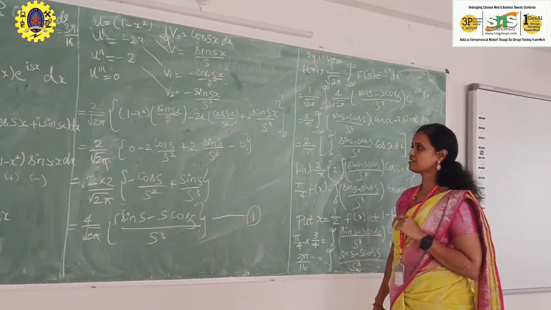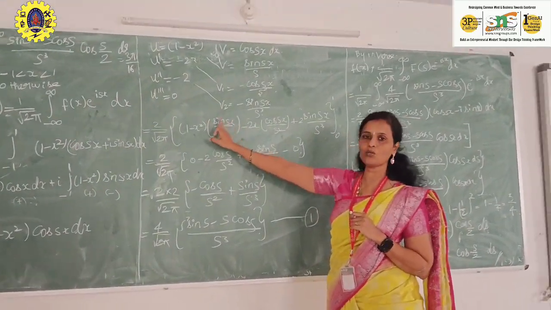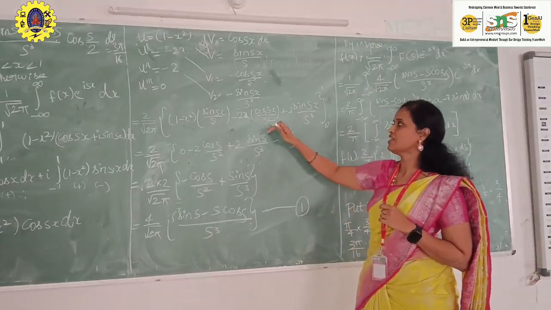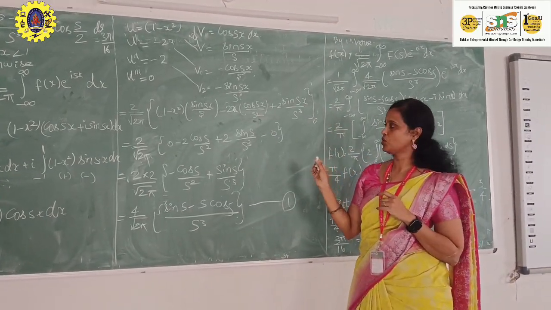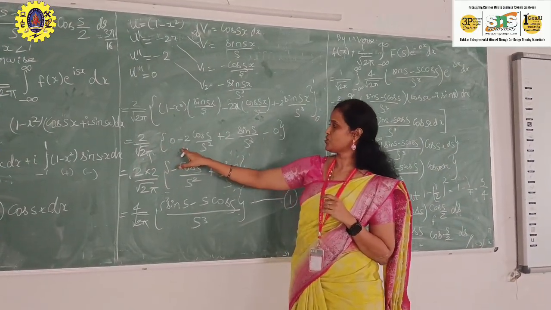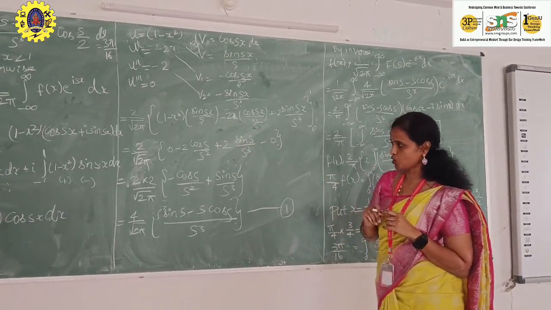So next minus, apply the lower limits instead of x. So for the first term we get sin 0, value 0. Then the second term, if you substitute x is equal to 0, the second term also will be 0, and the third term also 0. So finally we have 2 divided by root 2 pi into minus 2 cos s divided by s square plus 2 sin s by s cube, right?